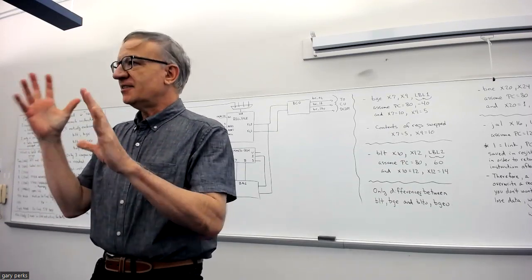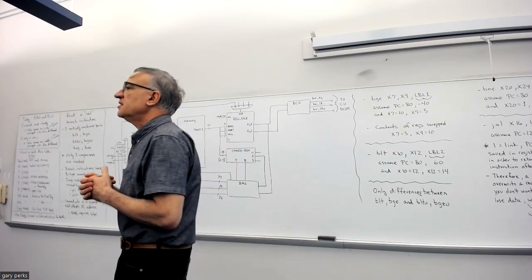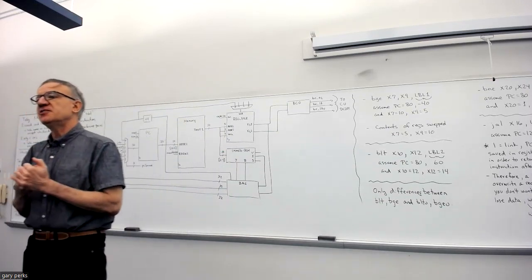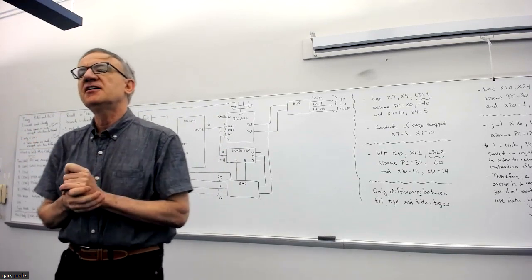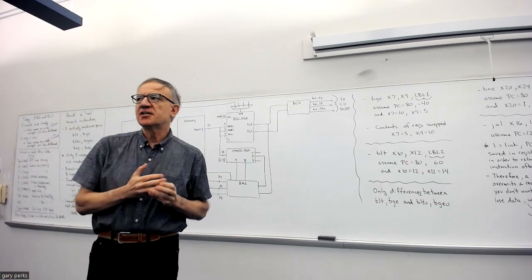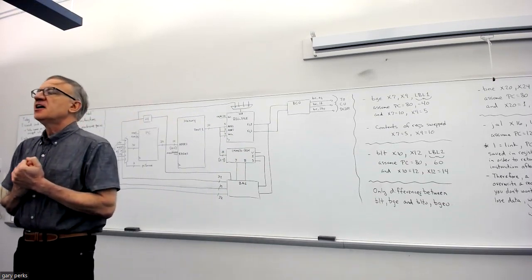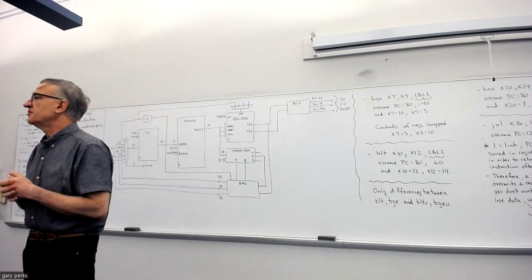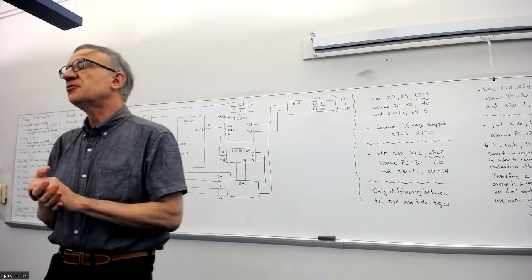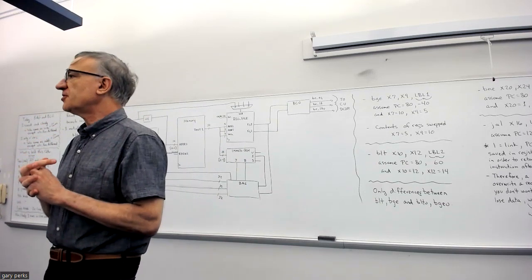Well, today it's a similar type of deal. At the end of the class, you'll have enough information to do 2 more modules, both the branch control generator and also the branch address generator. And we're going to go through another 5 instructions and look at the data path and the control signals for those instructions.